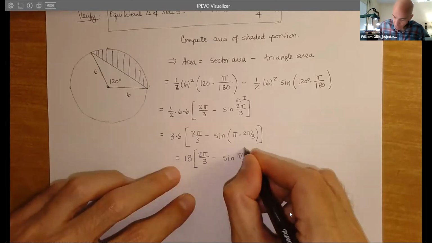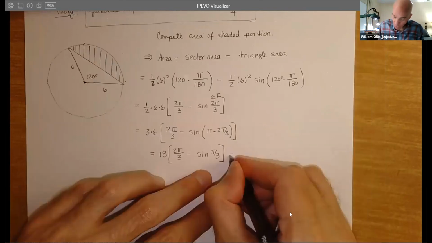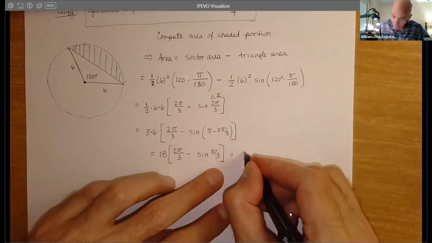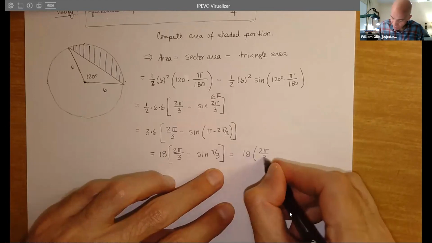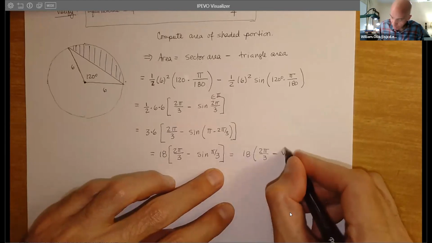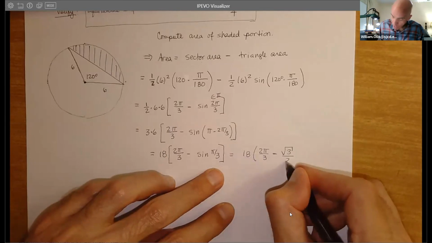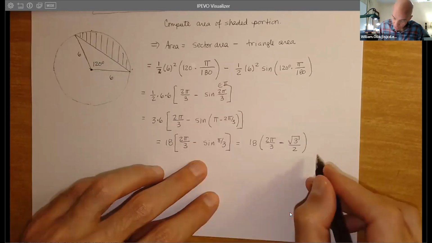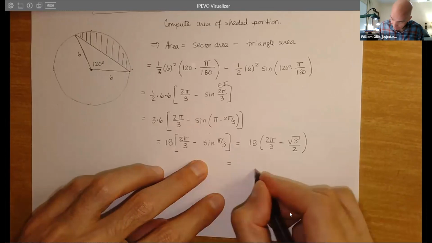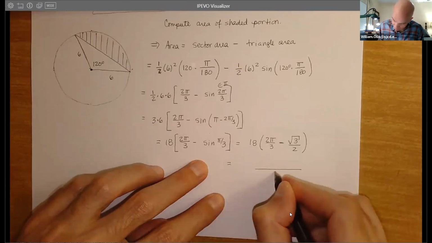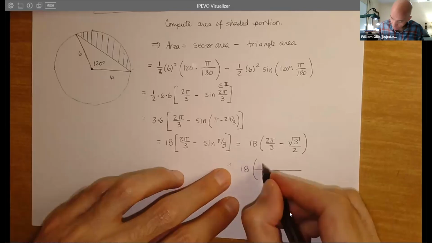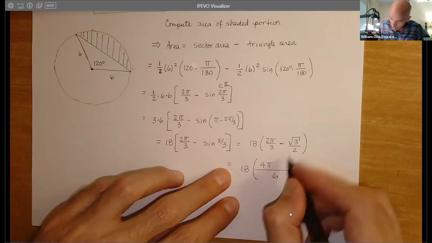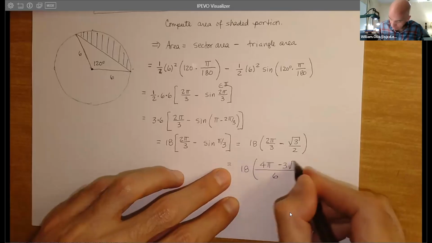So that's our friend in the first quadrant, and that's square root of 3 over 2. So we have 18 times 2 pi over 3 minus square root 3 over 2. Now, of course, we can get a common denominator of 6. So this will be a 4 pi, and then it'll be minus 3 root 3.